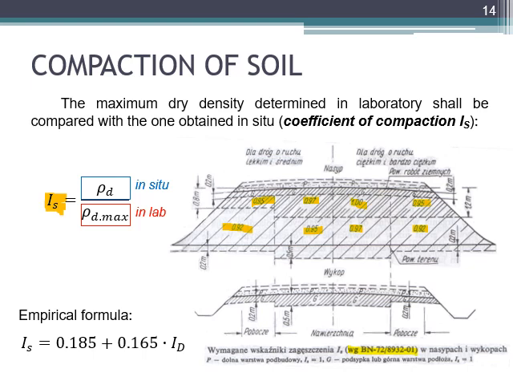In some books, you can find the empirical formula for the coefficient of compaction. It's given here, which means that if you know the index of density, then you can also assess the value of the coefficient of compaction.